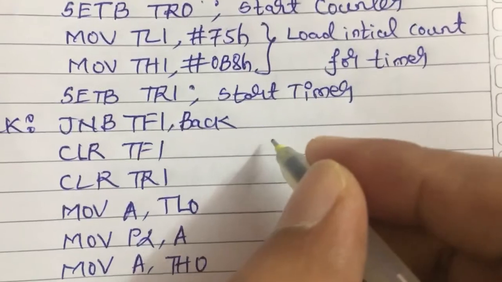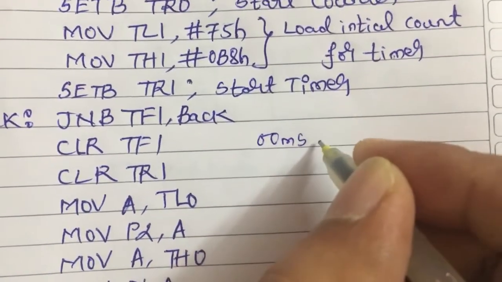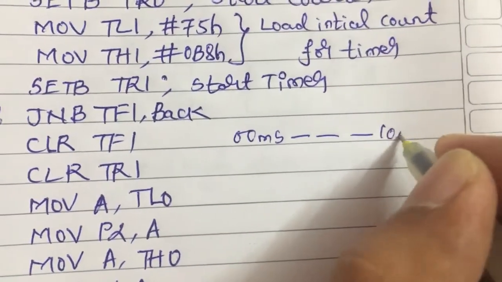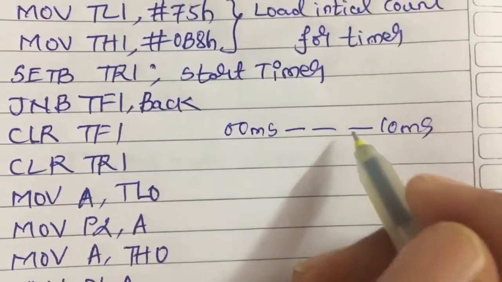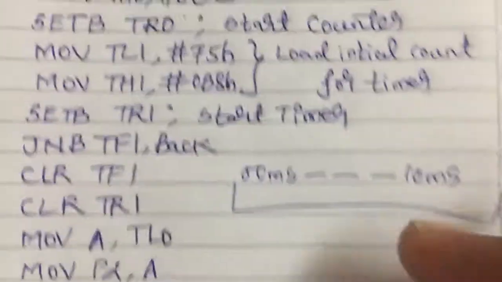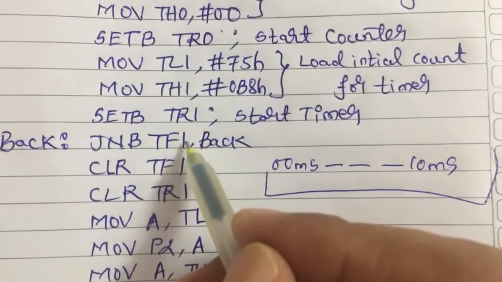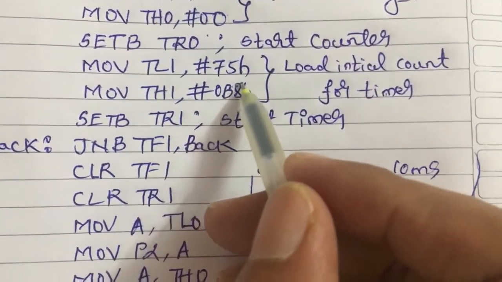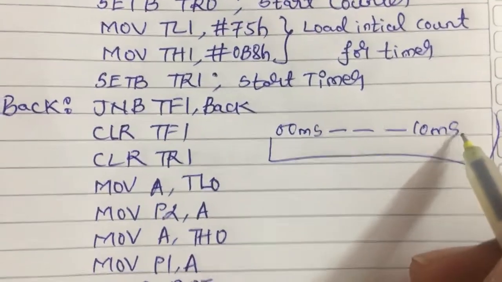From 0 milliseconds up to 10 milliseconds the timer will run. Within this period we need to check whether the timer has reached the final value, that is, whether 10 milliseconds is over or not.